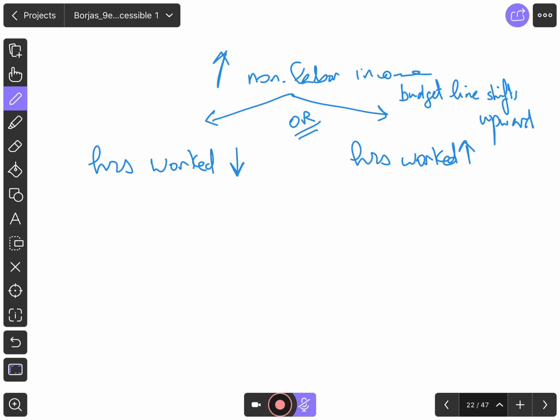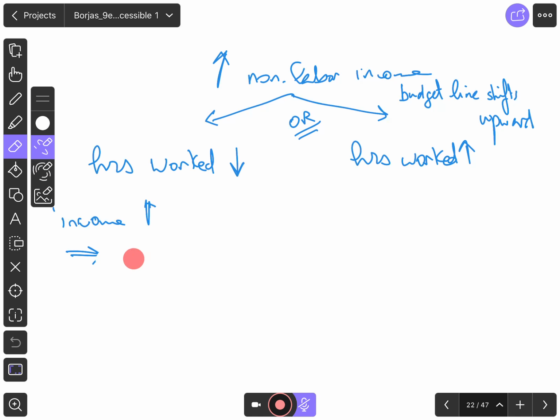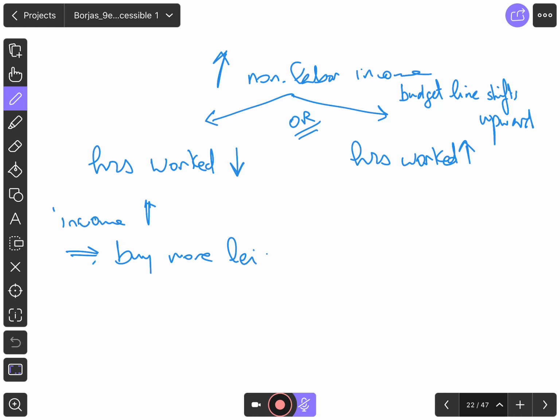So under the first option, if non-labor income, not the wage, increases, then in this possibility the worker is going to buy more leisure, as if leisure is a certain good.